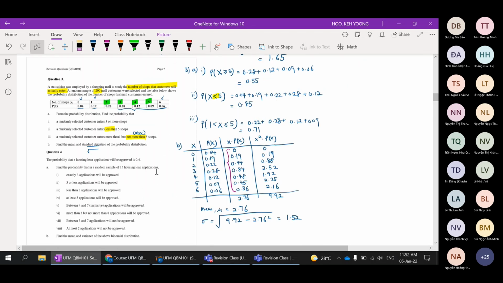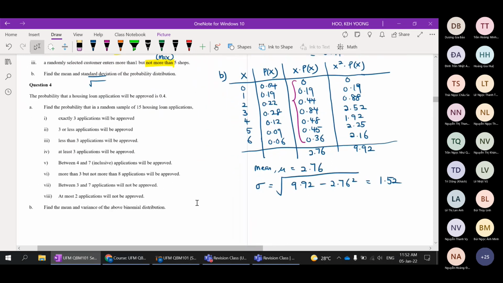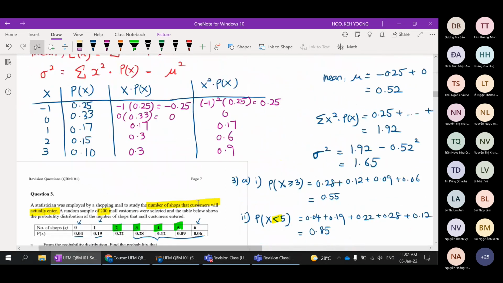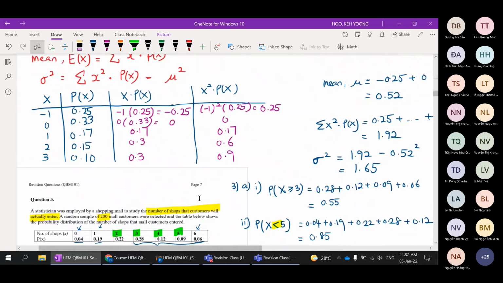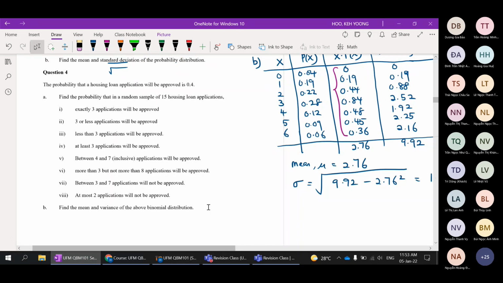All right, question 4 is chapter 5 questions. Just now, questions 1, 2, 3 were chapter 4 questions. Now we move on to chapter 5, which has the binomial and the Poisson distributions. These two are discrete probability distributions.